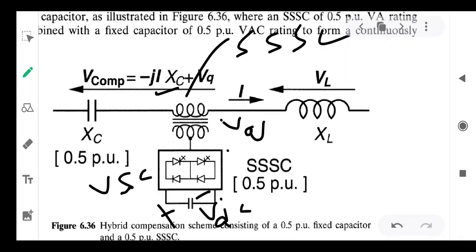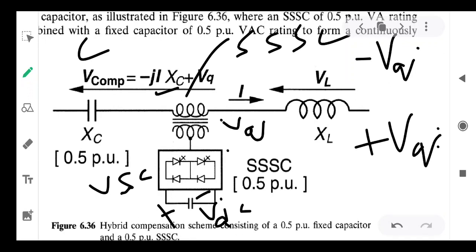So this is the capacitance. Along with the SSC, you can also have the capacitance XC. So overall compensation is minus jXC plus or minus VQ: minus VQ for leading compensation, plus VQ for lagging compensation, for inductive compensation.